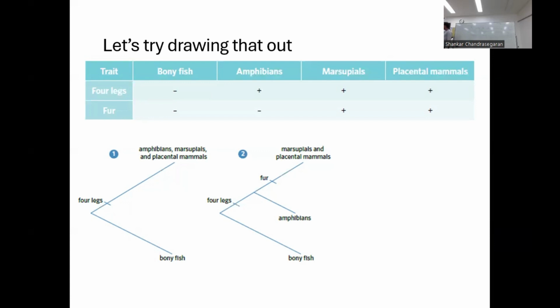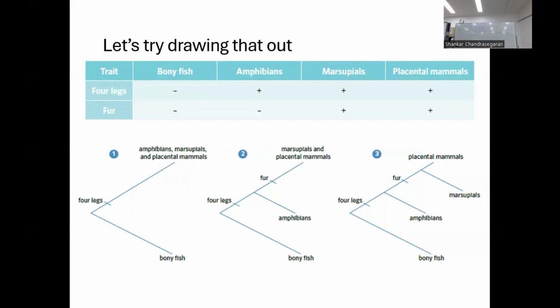And then since these two share both homologous structures, they both come down the same lineage until we get to a point where both of them diverge as well, in the last part of the drawing, indicating that they separated as well. It doesn't matter which one goes which place, because since there's no other information given, you can place marsupials here or placental mammals here. That's fine. But what's important is that you show that they did diverge from each other, because they are different classes of animals, right?